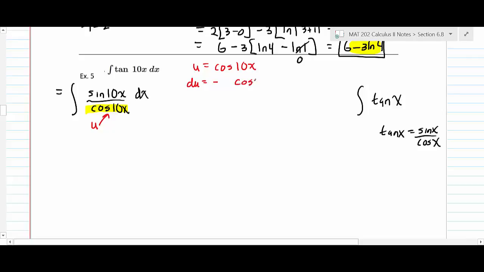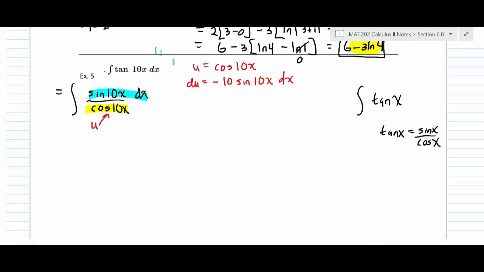Negative cosine of 10x, but then by chain rule, the derivative of 10x is 10, right? Oh, sine, there I go again. Okay, negative sine, okay? All right, so we got that, so that's better. All right, so now what do we have here? We got, and then got to have the dx at the end here. So we want to make sure that the du needs to match what I'm highlighting kind of in blue there.